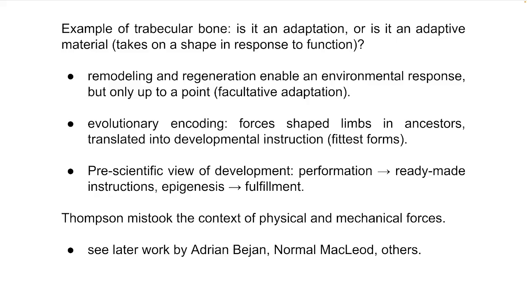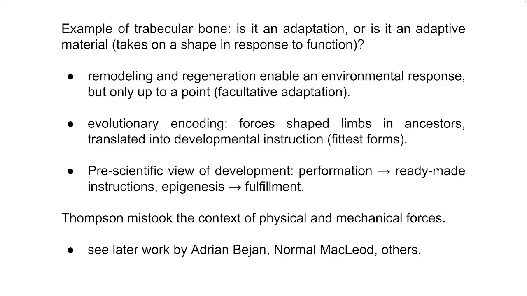Another possibility, of course, that D'Arcy Thompson didn't talk about is this idea of evolutionary encoding. So this is what would later be the standard explanation in evo-devo, where you have this evolutionary encoding. In other words, you have these life history pressures, these interactions with the environment, and they get encoded in terms of heredity.